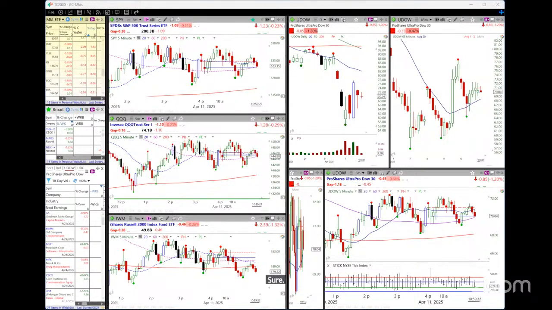You can short the Russell. Looks like it's going lower. It's definitely a 5 minute sell setup. Oh, yeah, lower.